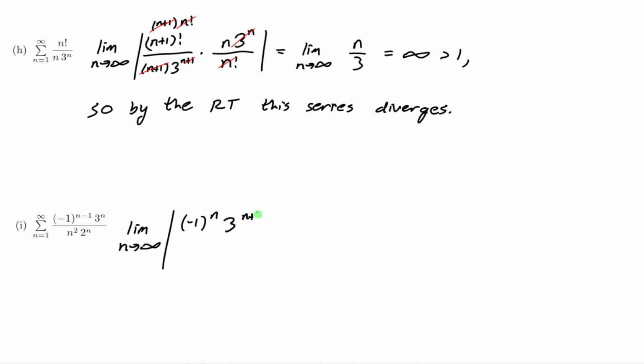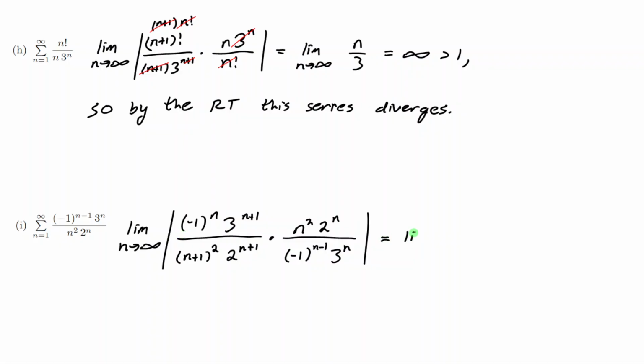We'll have 3 to the n plus 1, dividing that by n plus 1 quantity squared times 2 to the n plus 1, times the reciprocal, n squared 2 to the n, negative 1 to the n minus 1, 3 to the n in the denominator. Go through and do our cancellations. The absolute values are going to take care of the negative 1 powers, so don't worry about those.